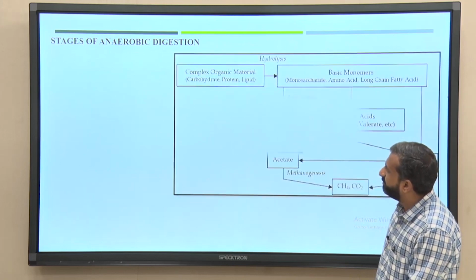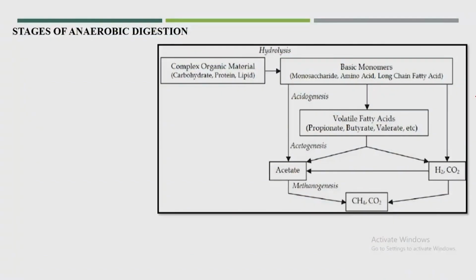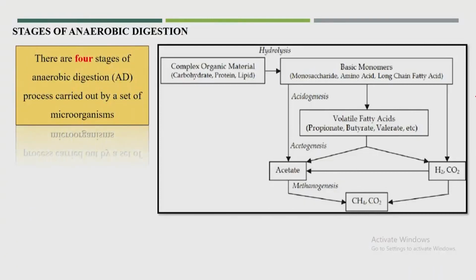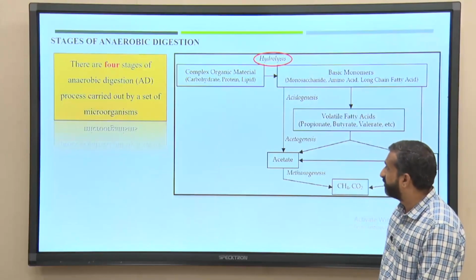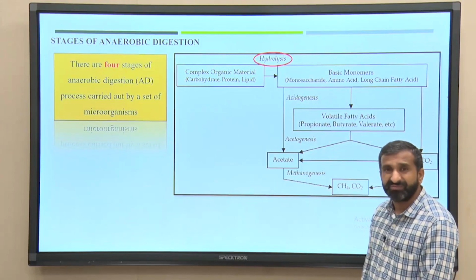The anaerobic digestion process has 4 different stages. First is hydrolysis. Hydrolysis is nothing but a simple breakdown of complex organic matter. Cooking at household level is also one kind of hydrolysis process, or we can say a pre-treatment process. Why is cooking so important?